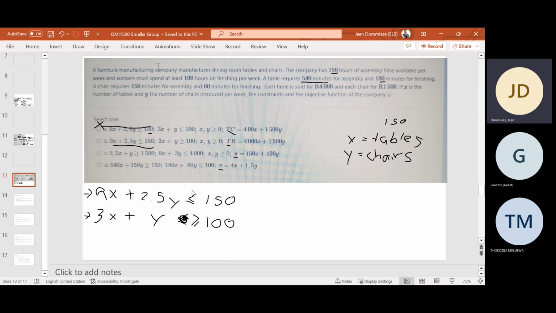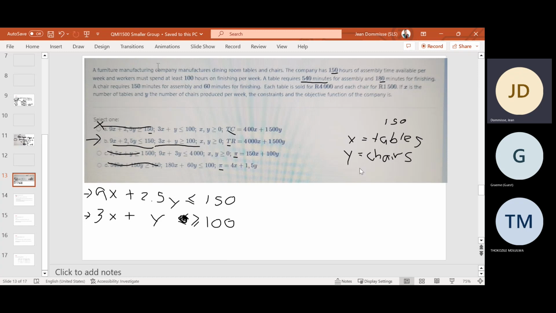At most would mean you can't spend more than that. Okay, so that one is right. The others are wrong. So the only one that is correct is the second one.